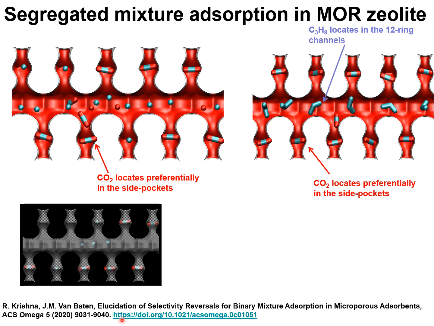In order to appreciate the segregation phenomena visually, let's have a look at animations showing the motion of CO2 and methane within the Mordenite zeolite. We see that the CO2 molecules are located in the side pockets and are virtually stagnant, whereas the methane molecules can traverse along the main 12-ring channels and are far removed from CO2.